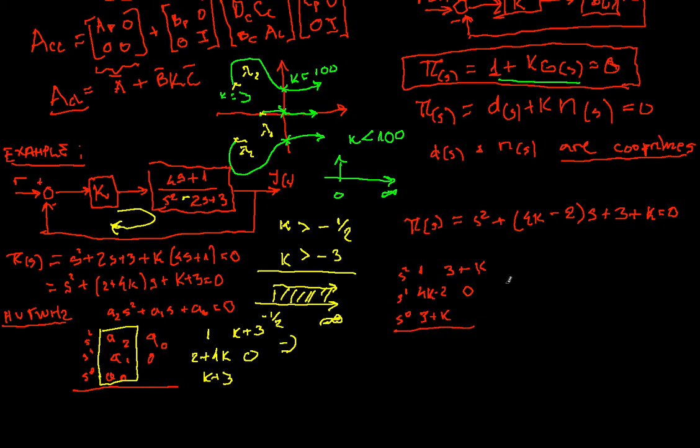Okay, which implies that we will have k greater than 1 by half and k greater than -3.